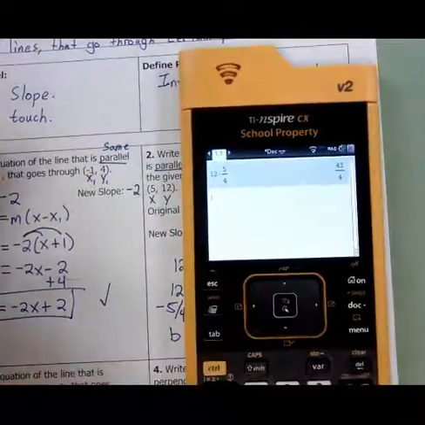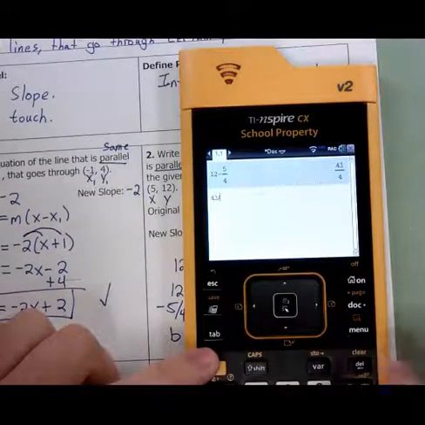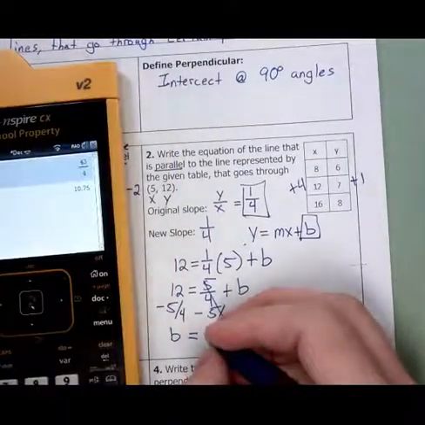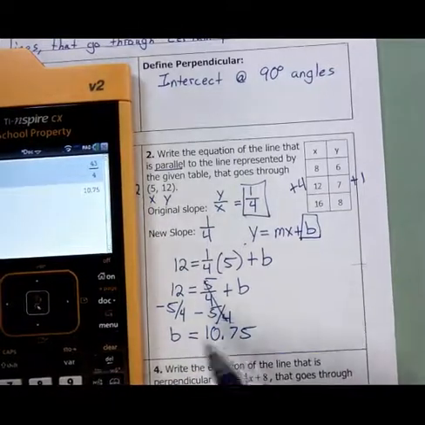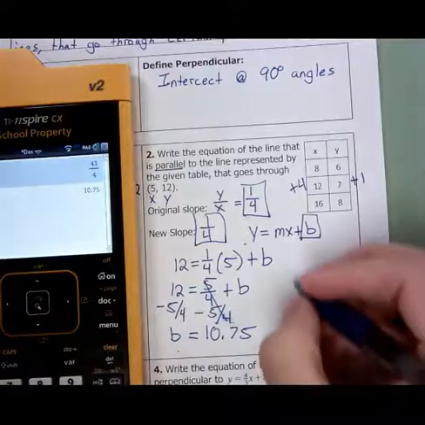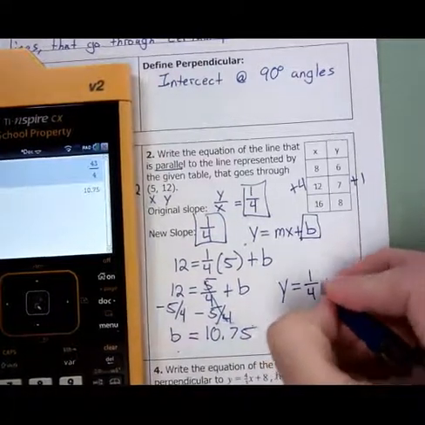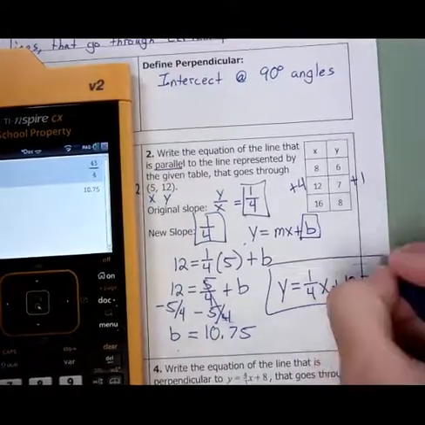That gives us 43 over 4. Let's go ahead and just see what that looks like in a decimal. It's a prettier decimal, so that's what I'm going to write, 10.75. So now that I have my b value and I have my m value from before, I can go ahead and put those two things together, and that's going to become my equation. And that's your answer.